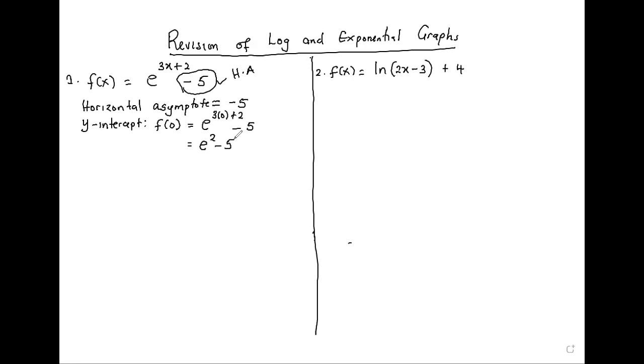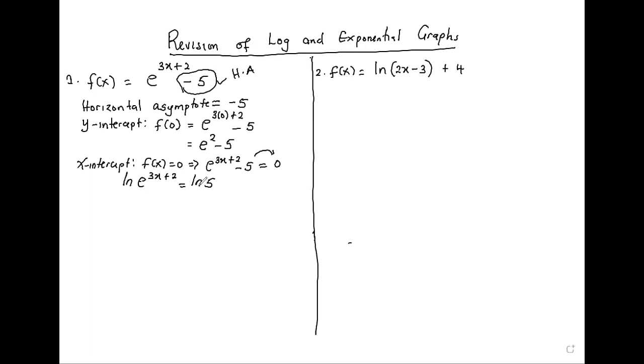And then you do the x-intercept by equating f of x to 0. So we have e to the power 3x plus 2 minus 5 is equal to 0. So take this the other side so that we have e to the power 3x plus 2 is equal to 5. And then apply ln.